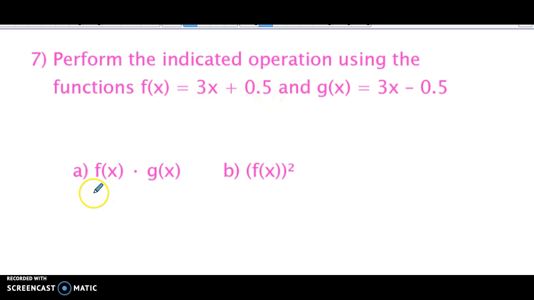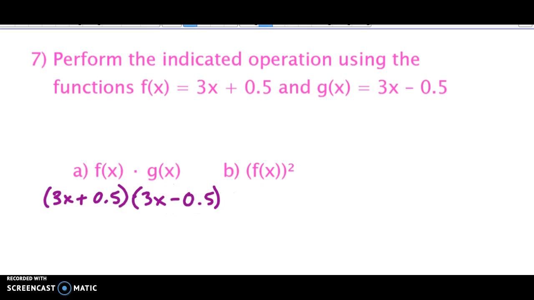It equals 3x plus a half. And I'm going to multiply that by g of x, which is 3x minus a half.